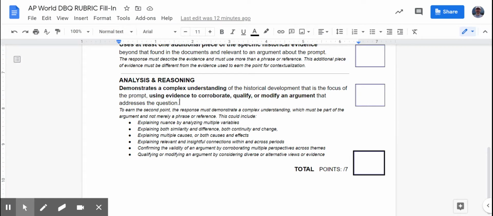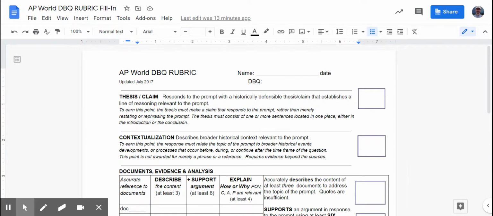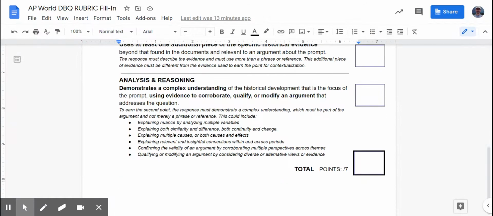You analyze multiple variables. You consider both similarity and difference and both continuity and change, one or the other. Or you examine multiple causes or both causes and effects, or you make other additional connections across periods beyond what you've already said up here, all right?